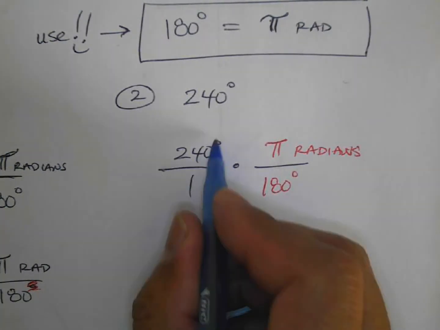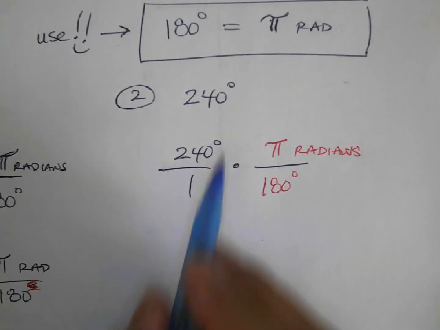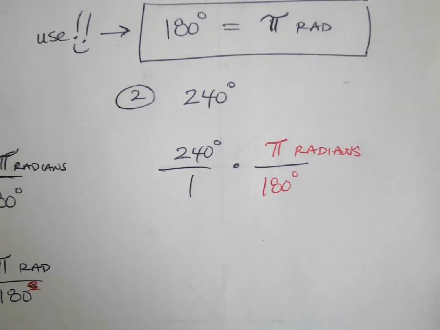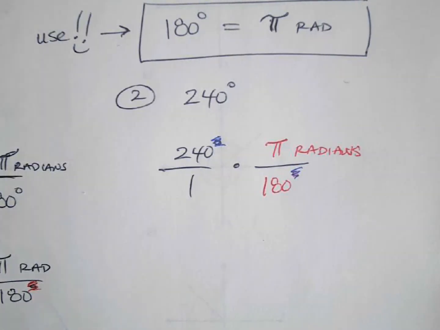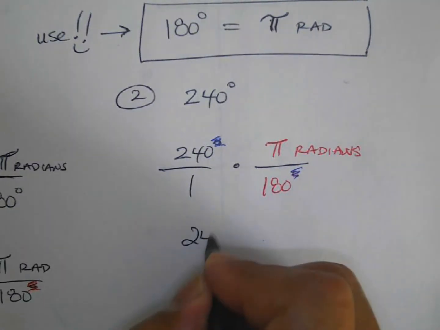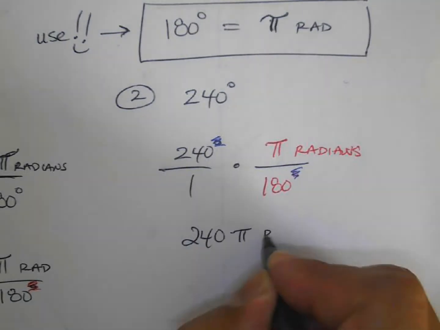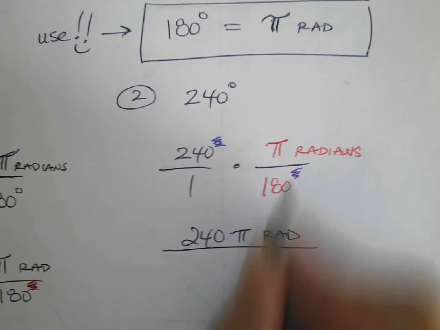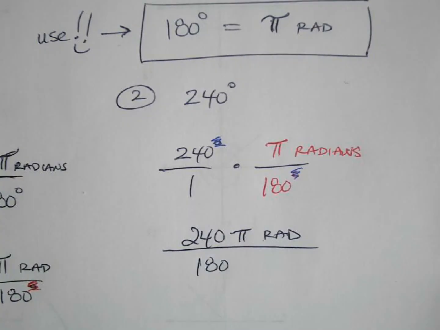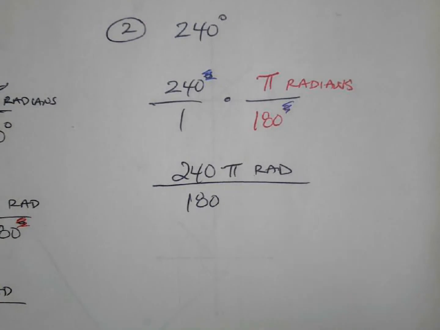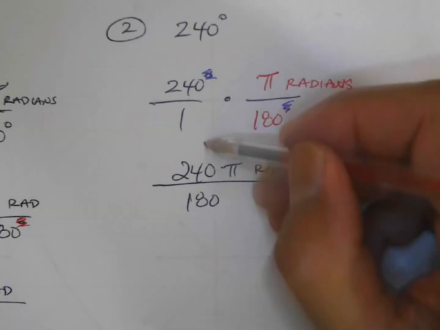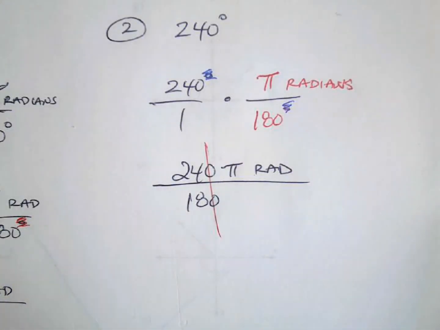What happens from there? Well, these divide out, like if you had 5 over 5, or well, degrees over degrees, these will divide out. I'm left with this: 240 pi radians over 180. Let's see, now these numbers can reduce. Well, I'll take the zeros out first, right? Divide by 10, divide by 10.